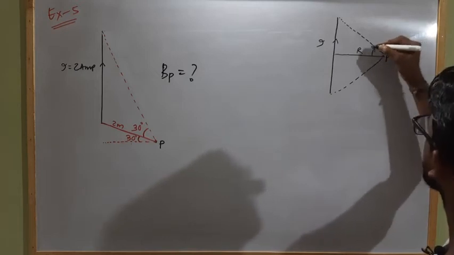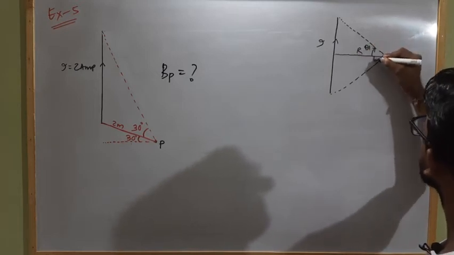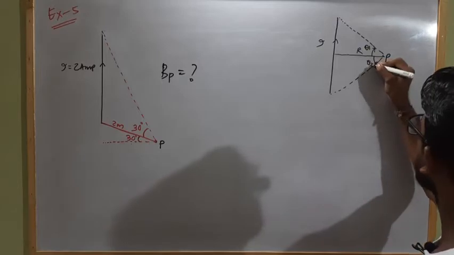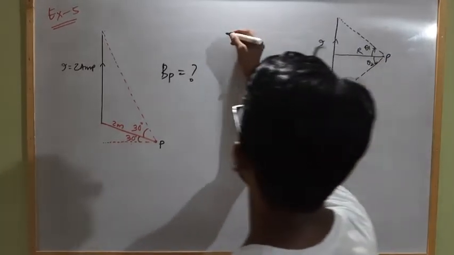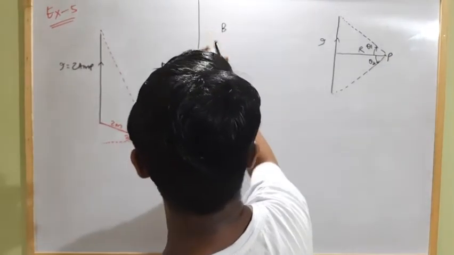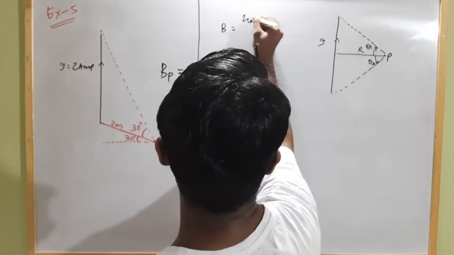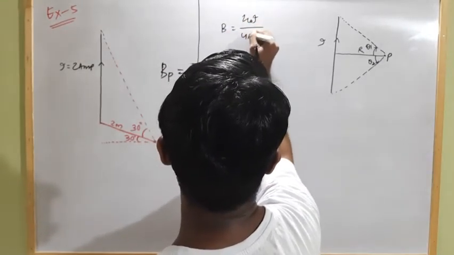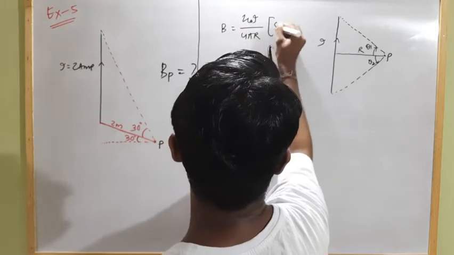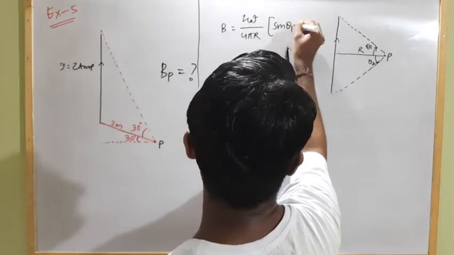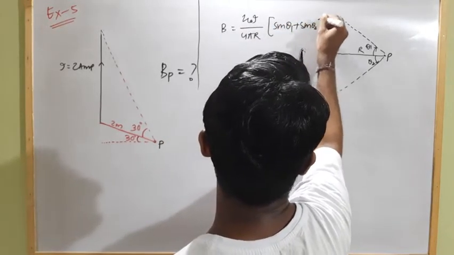This one is taken as theta 1 and this one is taken as theta 2. Then the formula is B equal to mu naught I divided by 4 pi R, sin theta 1 plus sin theta 2.